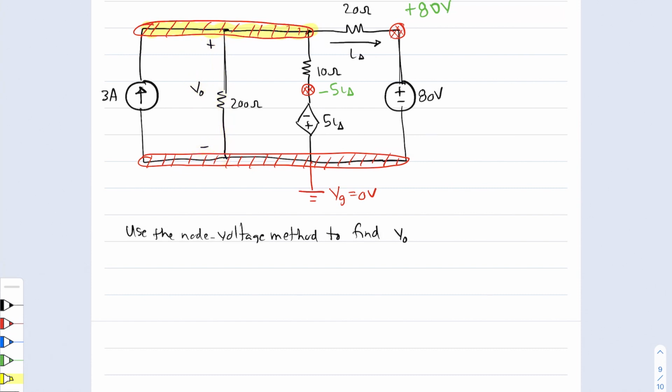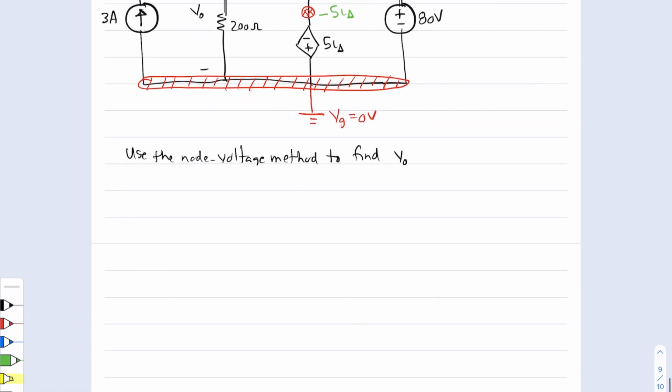So rather than giving it some arbitrary name like V1 or VA or whatnot, I am just going to say that that is going to be V naught. So let me redraw what I just erased. So this node voltage right there is V naught, and I'm going to call this node A. So I have now labeled my independent nodes.